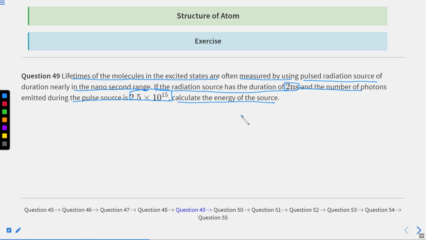That the lifetime of a molecule in excited states is often measured by using pulse radiation. In 2 nanoseconds, this much number of photons is emitted. We have to calculate the energy of the source. How will we calculate it?